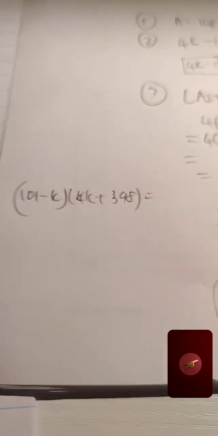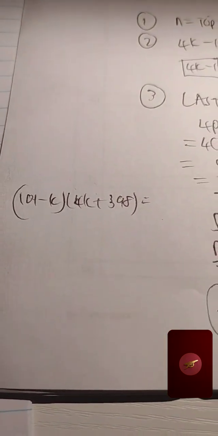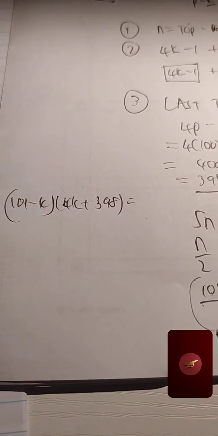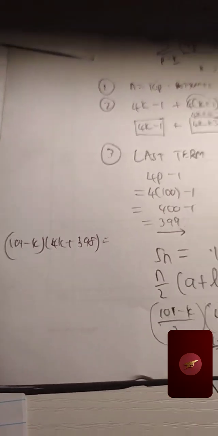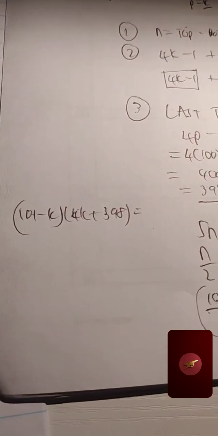That young man, what he did, he didn't put brackets around this. He just put 101 minus k, and he took k and distributed it alone and left 101. Then he got a funny answer. That's why the algebra is not algebraic.